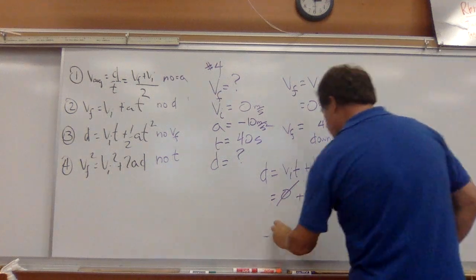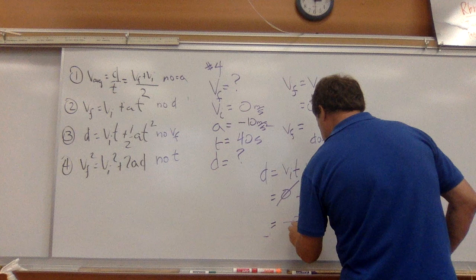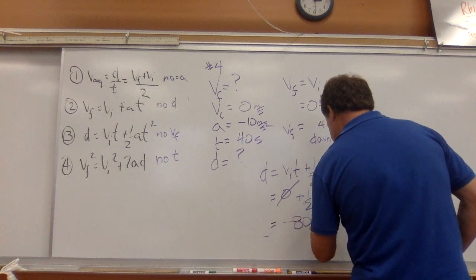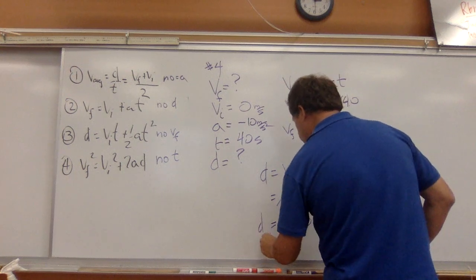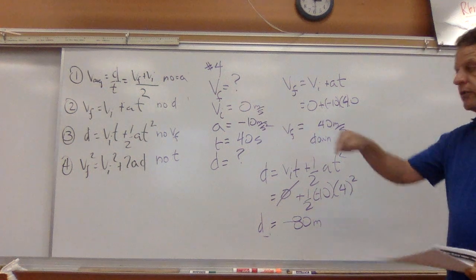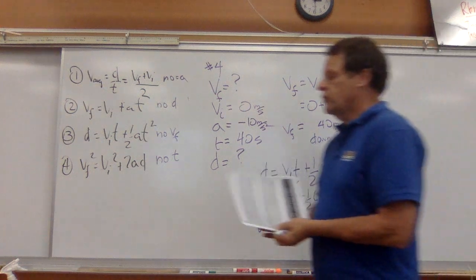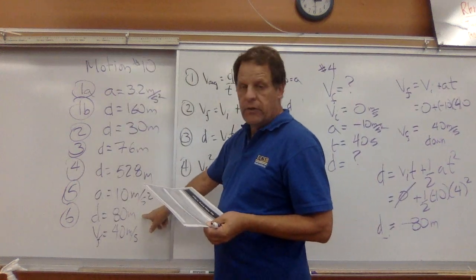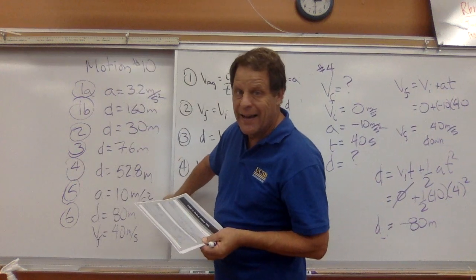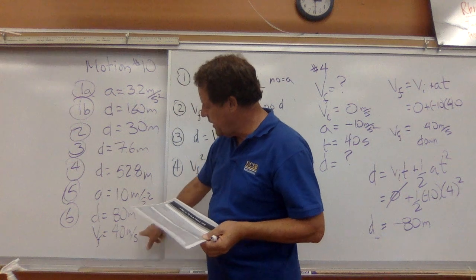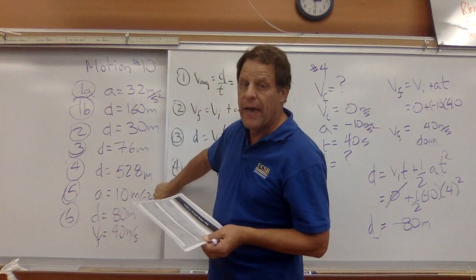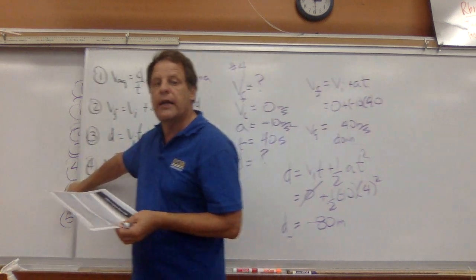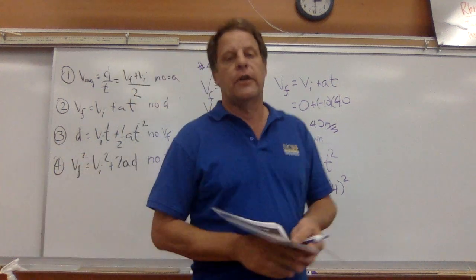We put that in there, and that is going to give us a value of 80 meters. Our displacement is 80 meters, and that is down. Technically speaking, the distance it went was 80. If you put negative 80 or negative 40, that is actually probably a better answer.